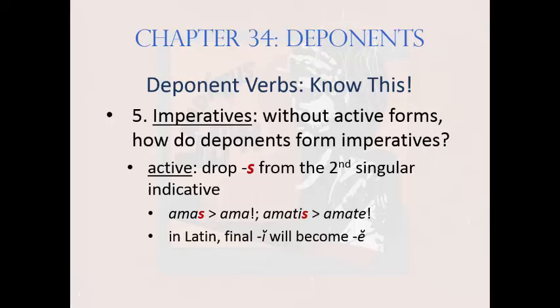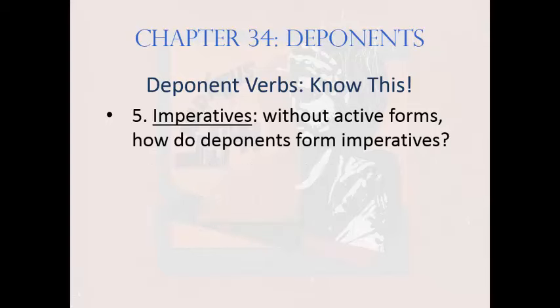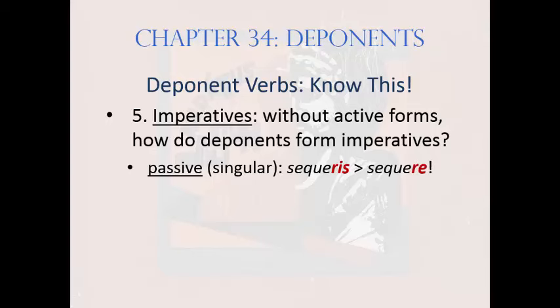It'll change it to short e. How will that drop the s rule work with deponents? If, for instance, the second person singular indicative is sequeris, you follow, what's the logical Roman way to make it imperative? Drop the s, sequere, meaning, hey, you there, follow.